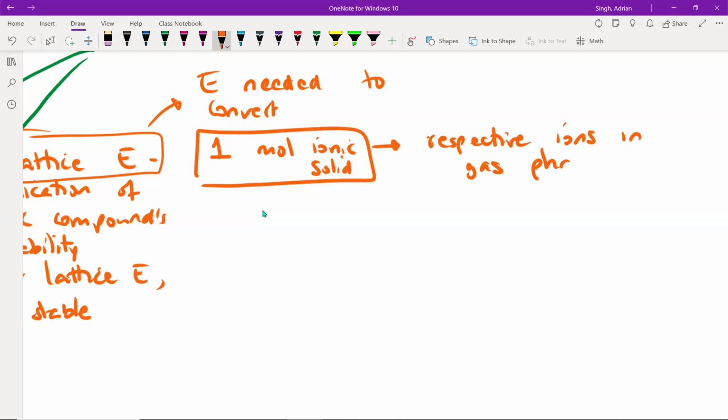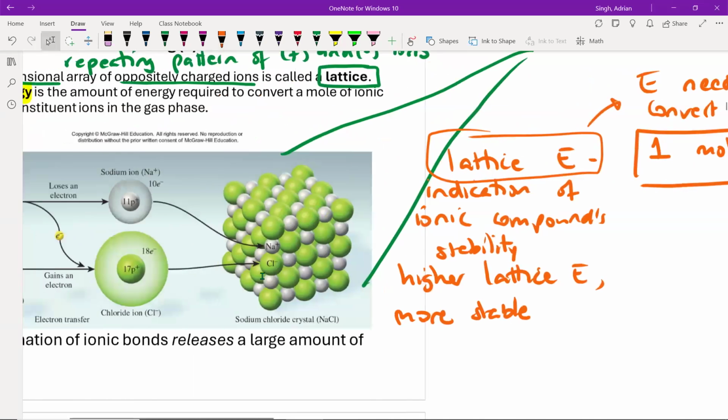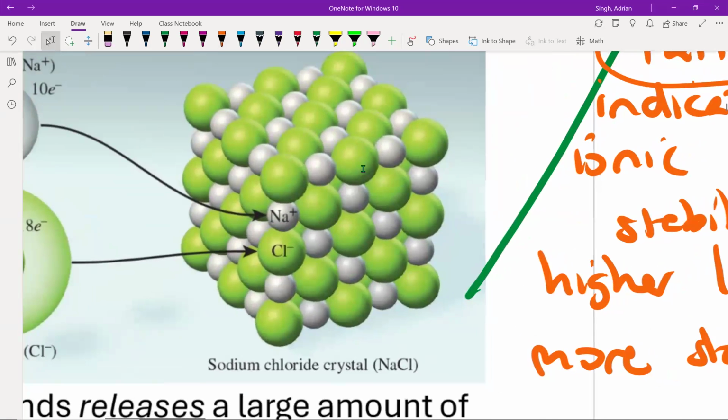So in other words, what we're trying to do here is take our solid and pull the ions apart from each other. And if the attraction between those ions is very strong, we are going to require a lot of energy to separate them from each other, right?